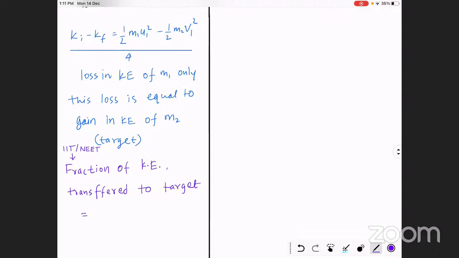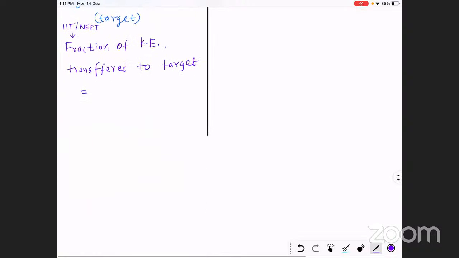Come on boys. What is the meaning of this? Fraction of kinetic energy transferred to the target means what? Means the energy transferred upon original energy.